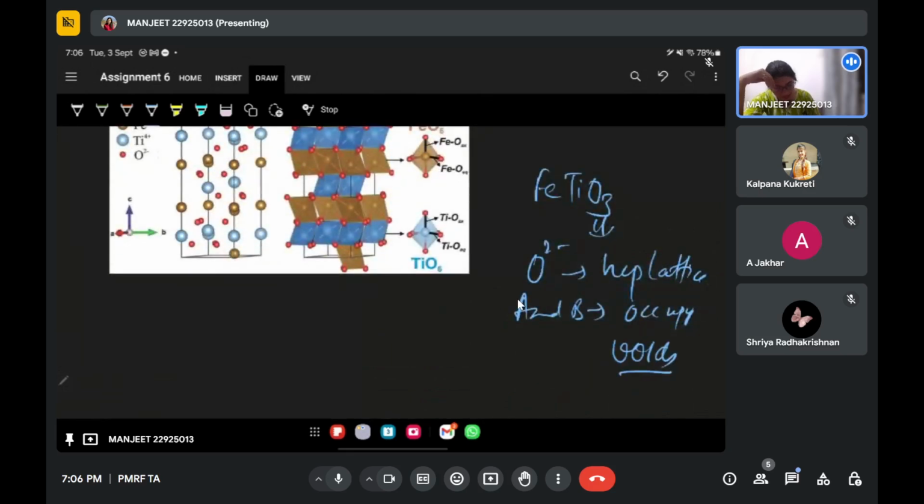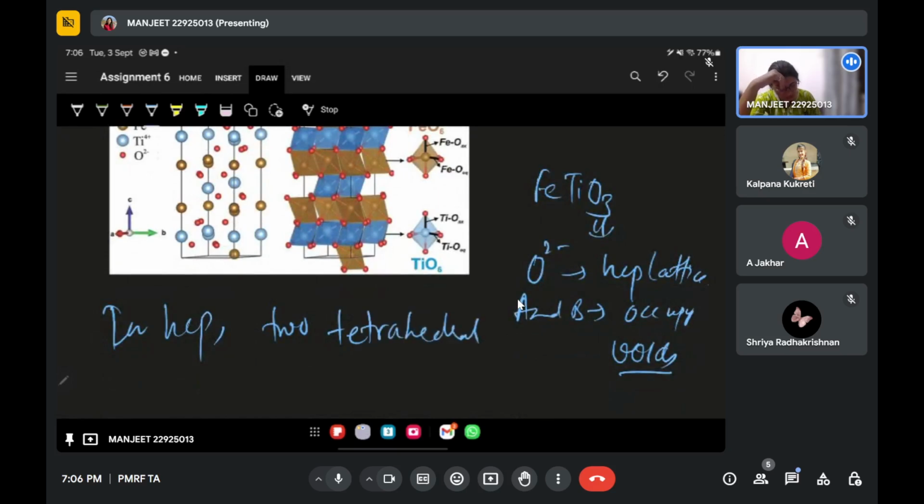You know that in HCP we have two tetrahedral voids that we have already done in the earlier assignment: two tetrahedral voids and one octahedral void.